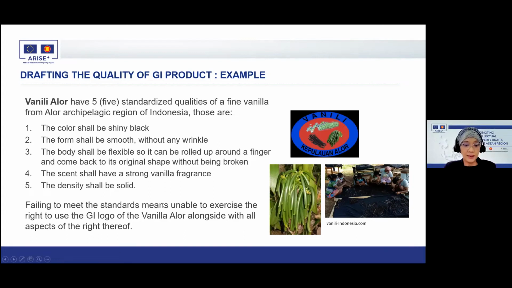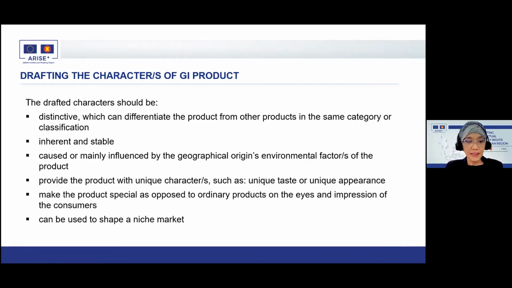Failing to meet the standards means being unable to exercise the right to use the GI logo of the vanilla Alor alongside all aspects of the right thereof. The draft of characters should be distinctive. So not the sign that should be distinctive, unlike trademark, okay?